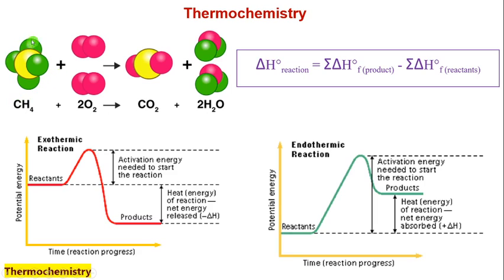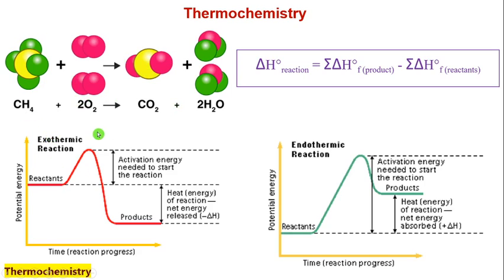Let me consider a chemical reaction where methane is undergoing oxidation, or nothing but combustion reaction, to produce carbon dioxide and water. Now in this particular reaction, some amount of heat is either generated or consumed as part of the reaction.